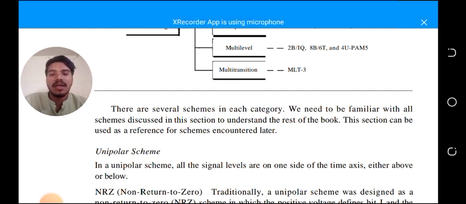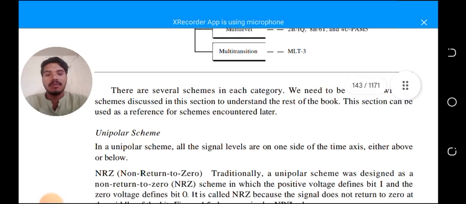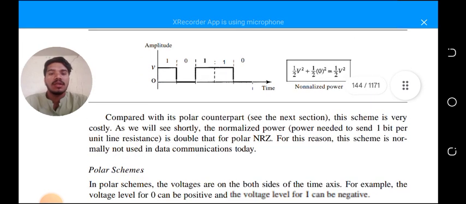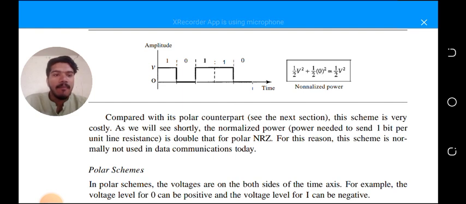In a unipolar scheme, all the signal levels are on one side of the time axis, either above or below. Compared with its polar counterpart, this scheme is very costly, as we will see shortly.